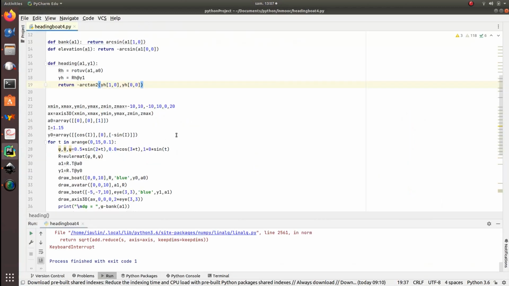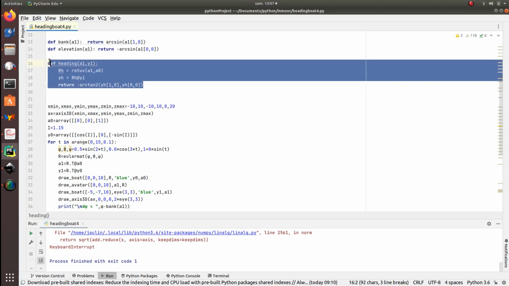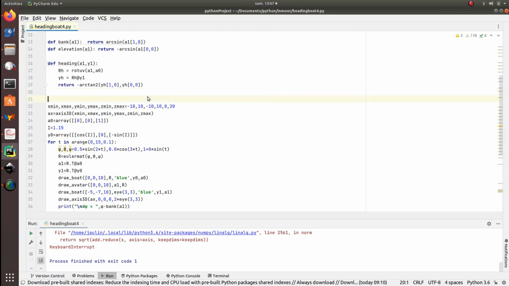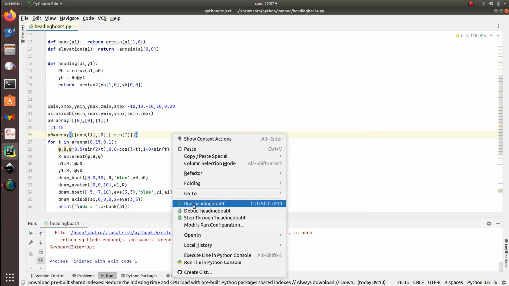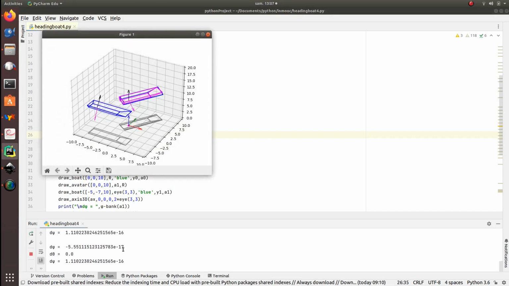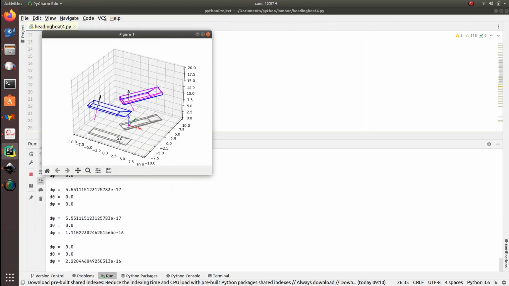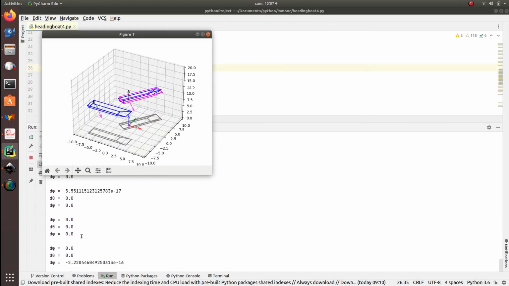I take this program where I have here the procedure for the heading. I run it with a variation of phi only. If I run it, I can see here that I have a good estimation of all Euler angles.